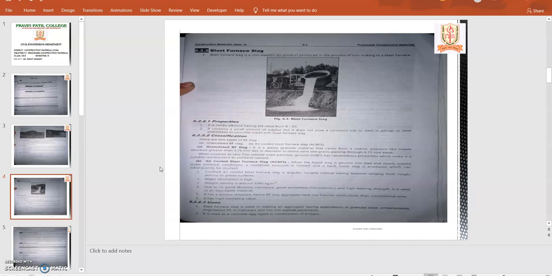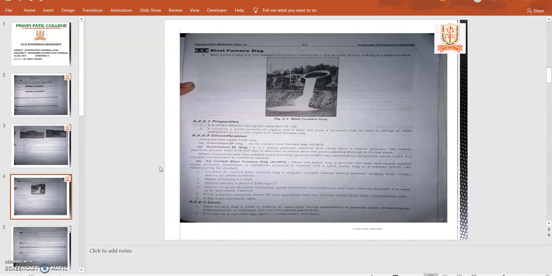So this property makes it able to replace some of the materials like aggregate and sand. Then it is also used for concrete production. It is also used in paver block making or concrete block making.